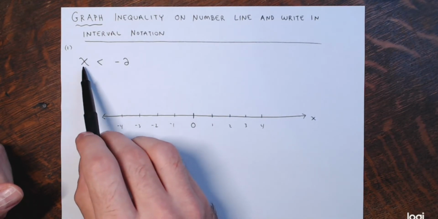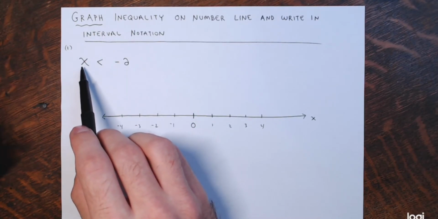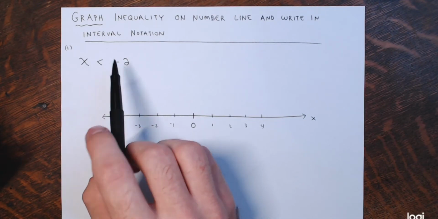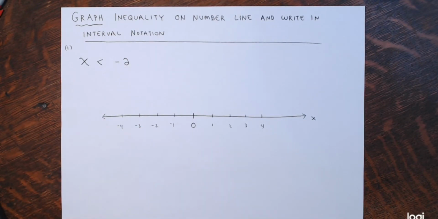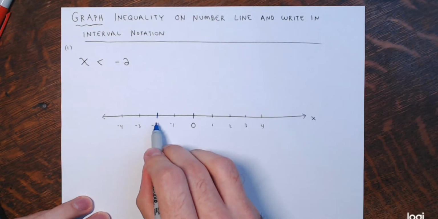So we're asked here to make a graph of all the values of x that are less than negative 2. First I'll point out where negative 2 is. That's right here. There's negative 2.